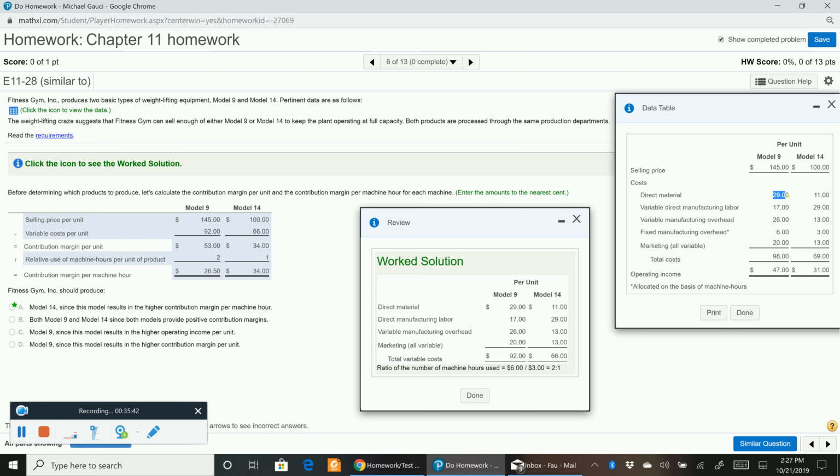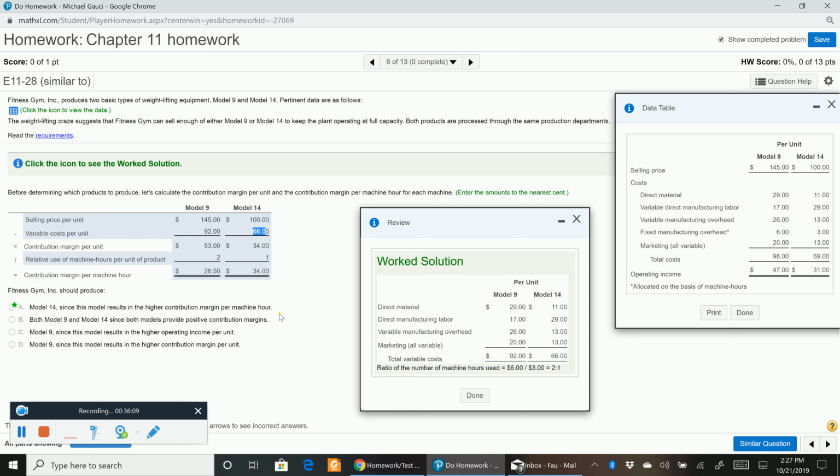It's the direct materials of 29, the labor of 17, manufacturing overhead of 26, and the marketing we said was all variable. So you're ignoring this overhead allocation. That's where it gets to 92. You do the same thing with Model 14. The 11, the 29, the 13, and the 13. You add them up, that's $66. That gives you your contribution margin per unit.